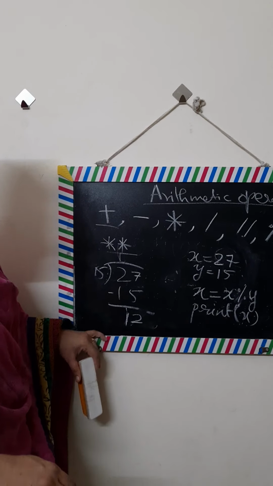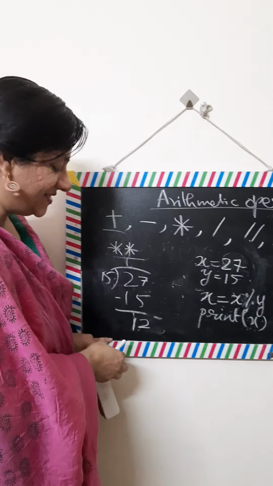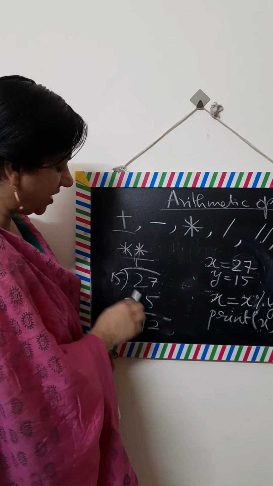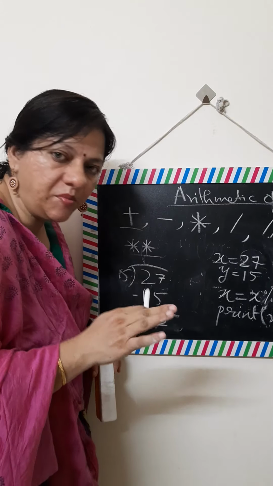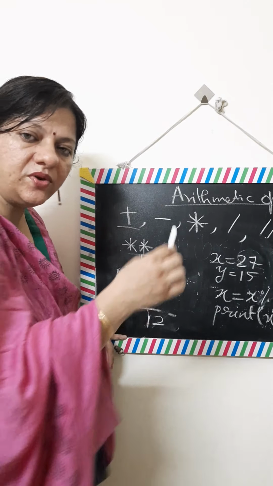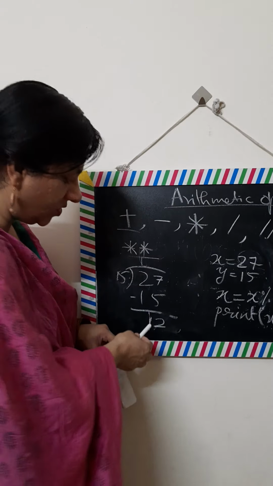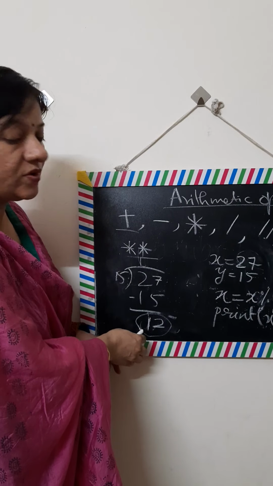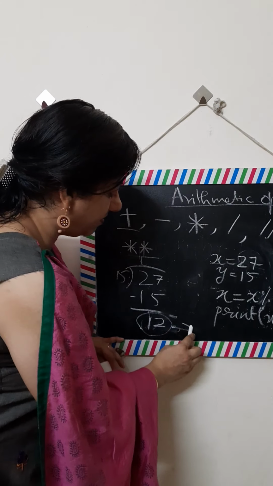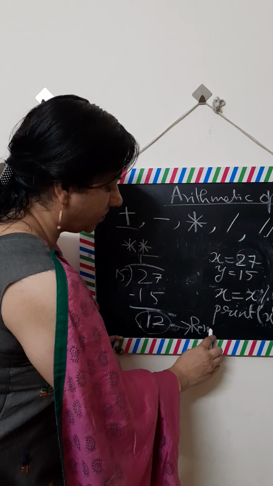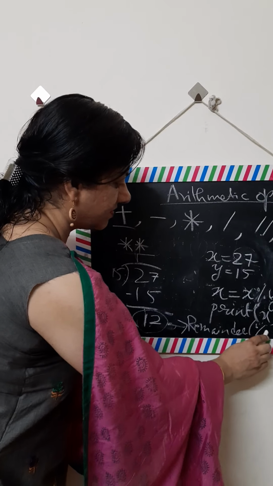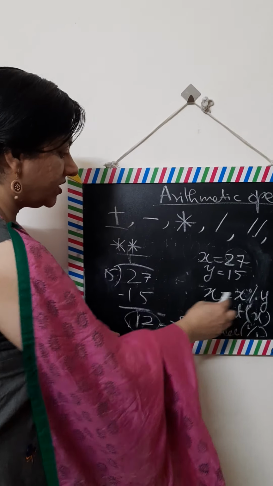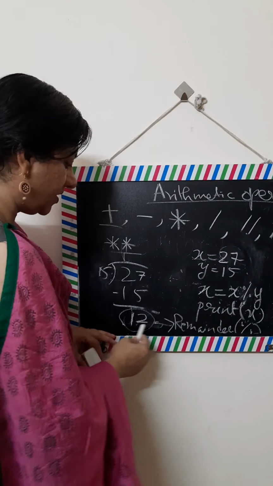Got confused. So 12 is the remainder. So when you are saying 12, 12 cannot be divided anymore. And we are not bothered about the division part now. We have seen that it cannot be divided anymore and the remainder is 12. We are talking about the remainder when we are talking about percentage. Okay. So your print x will give you 12.